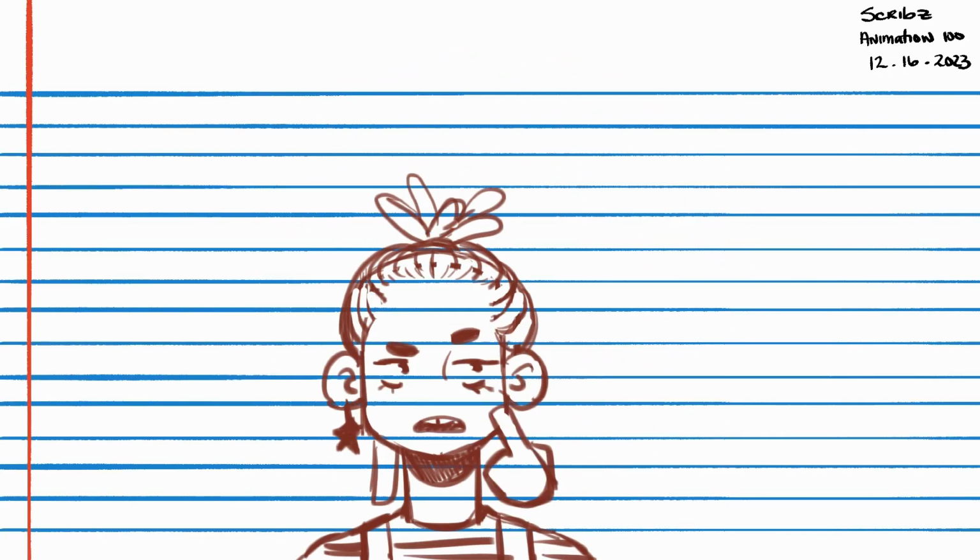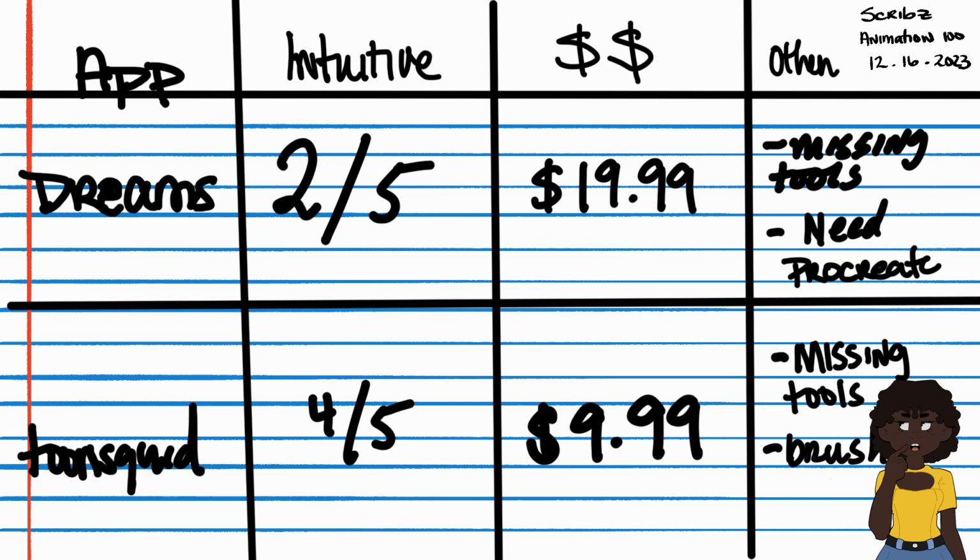So let's compare and contrast these apps. For Dreams, I felt as though it was not very intuitive. If you were somebody just starting out, you might feel very overwhelmed, and as though it's hard to get started in animation due to the fact that everything seems to be really hidden.